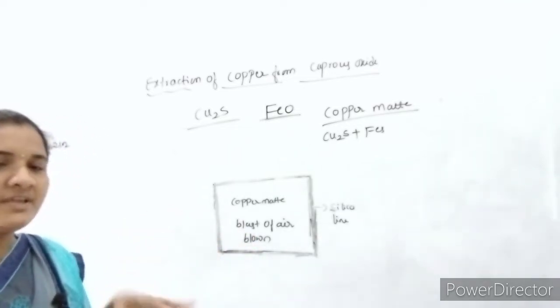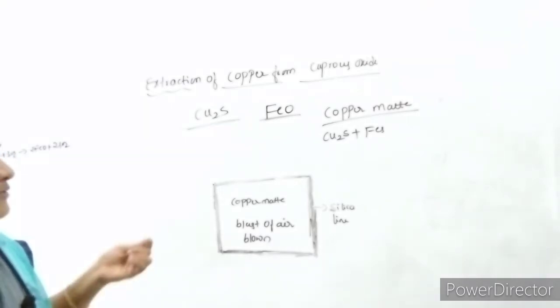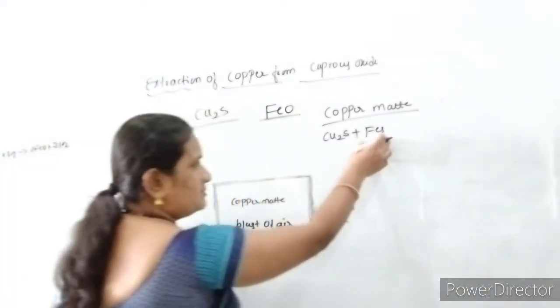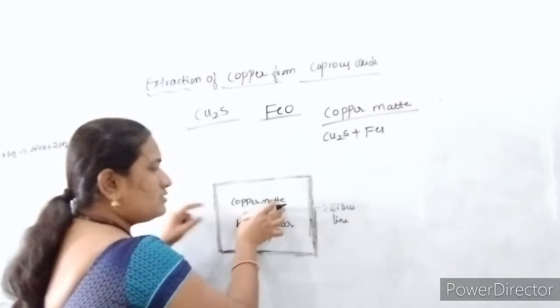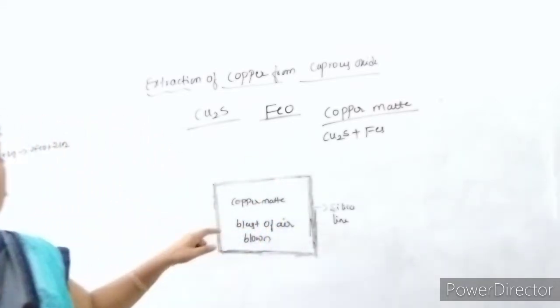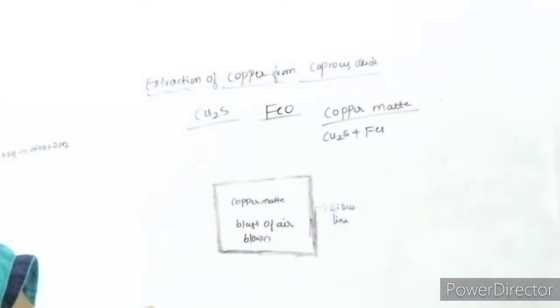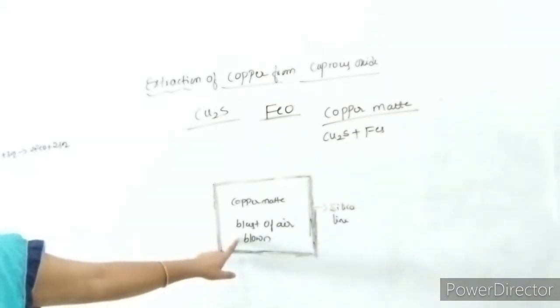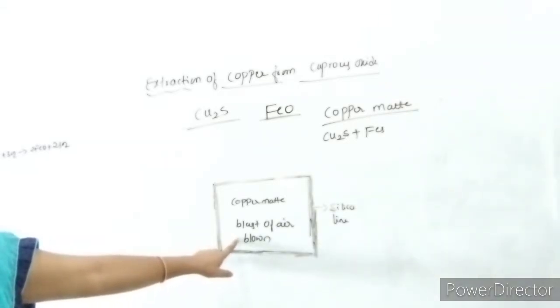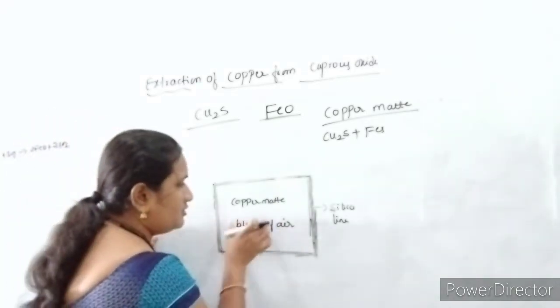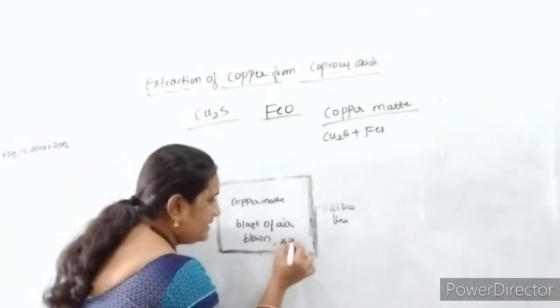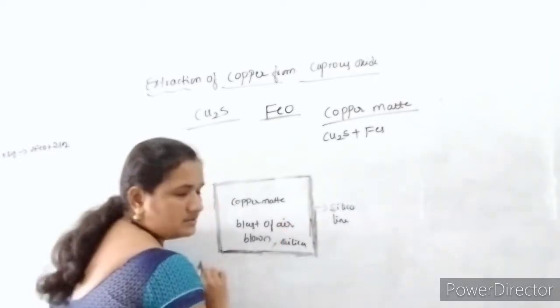Some amount of silica can also be added externally, and the silica lining is also there. Whenever the blast of air is blown, the temperature increases, meaning the heat in the converter starts to rise.